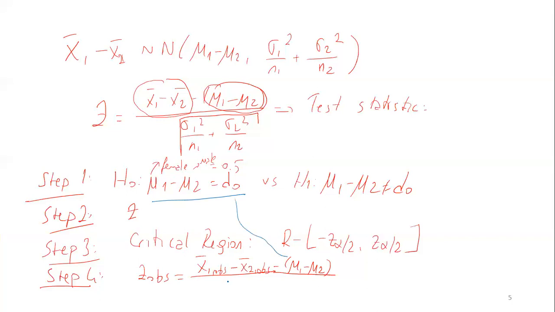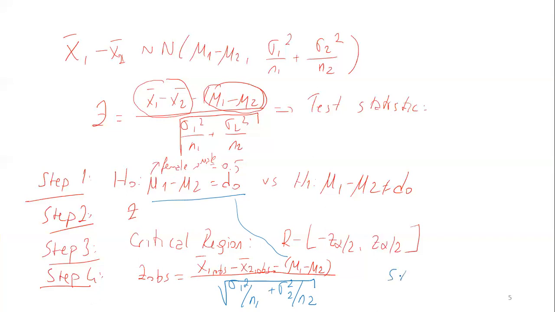That's equal to d0, divided by the square root of sigma 1 squared divided by n1 plus sigma 2 squared divided by n2. This is given in the question, because this is the case where you know sigma 1 and sigma 2. And this is my z observed.